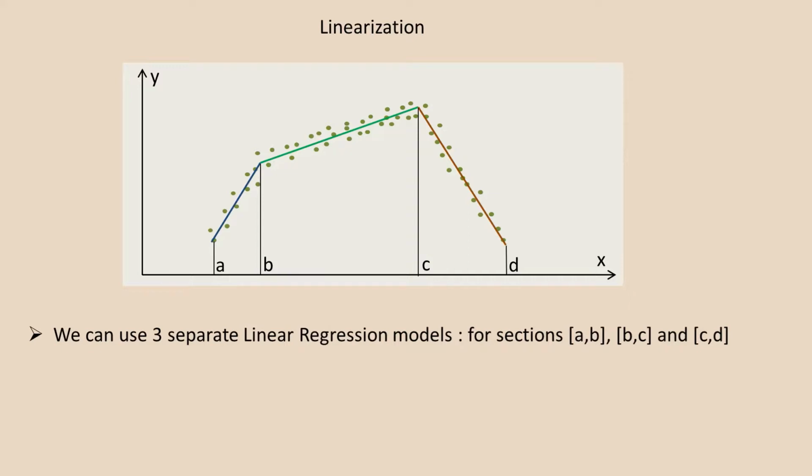Now you may ask one question. Would this model, which consists of these 3 regression models, cover anything which is beyond our identified ranges? For example, would it work for x values which are less than A, or for values which are more than D? And the answer to this is probably not.